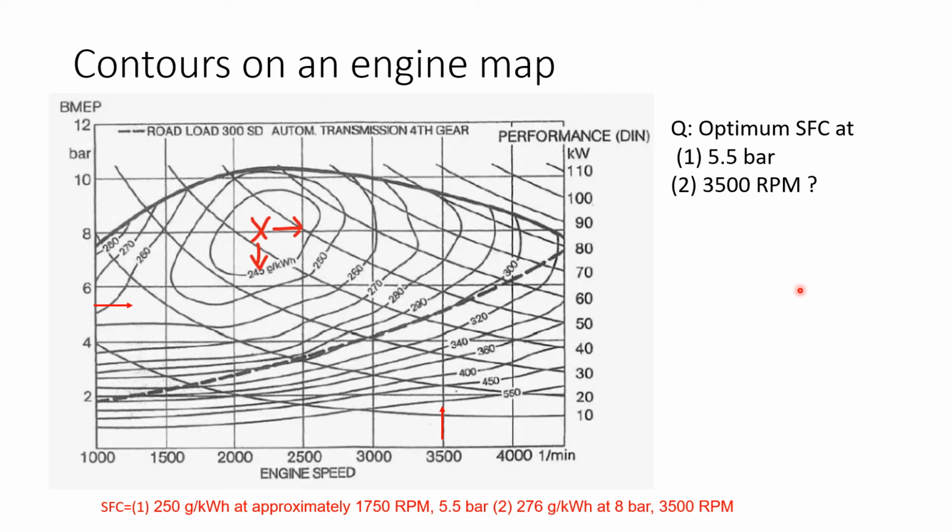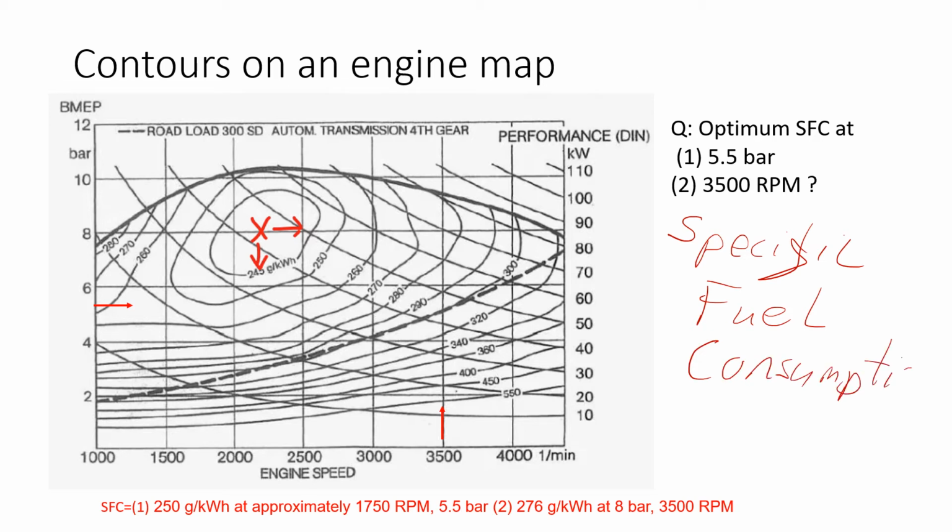So I can also have contours on technical maps. Now this is an engine map, and you will come across these in your first year in the laboratory. And what I'm mapping is not height, but specific fuel consumption, SFC.